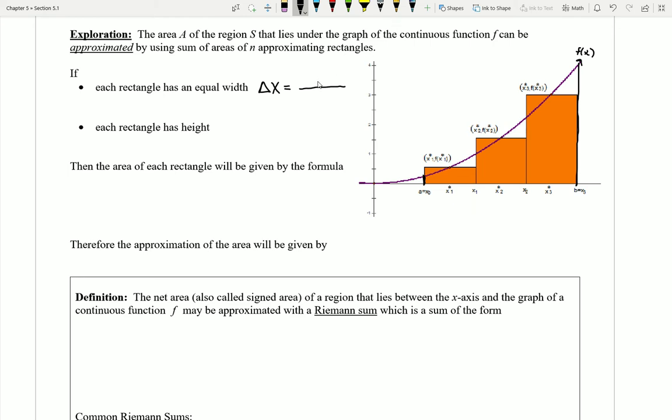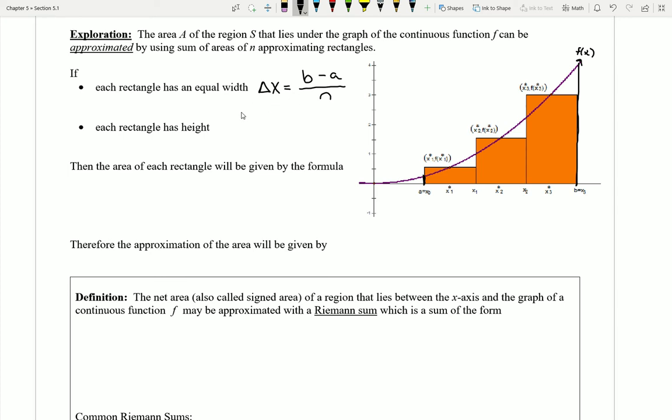So what I need is the length of my interval in the numerator and the number of rectangles that I want to use in my denominator. Now calculating the length of the interval is easy because if my interval starts at a and ends at b, then its length would be represented by b minus a. And if n represents the number of rectangles I'm going to use, then this little formula here tells me how wide to make each rectangle.